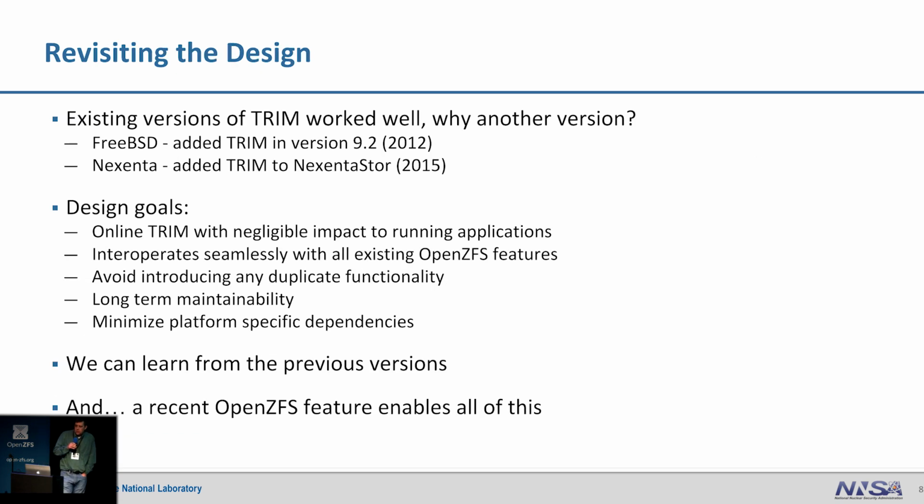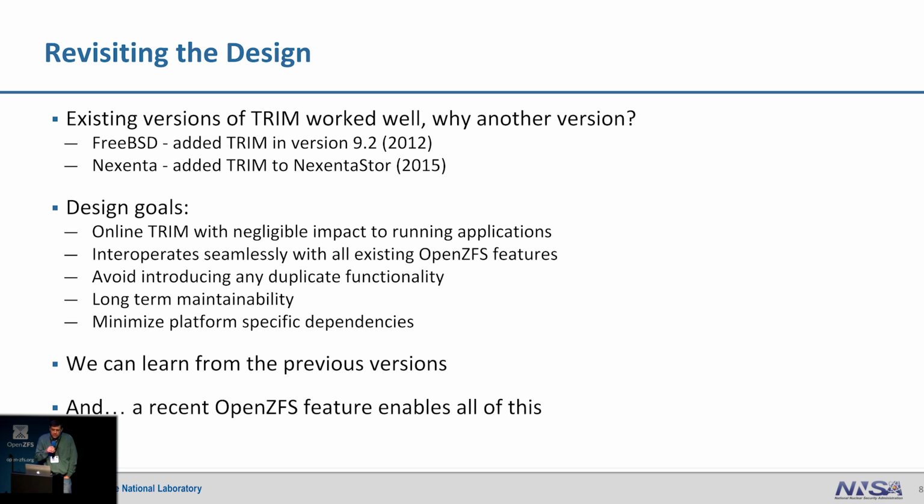So you may have noticed I missed one file system before. ZFS. ZFS has actually had trim support for a long time now, going all the way back to FreeBSD 9.2. There's been a version of trim in ZFS. Nexenta added a version 2 to their product. So trim support, we've noticed, has been a good thing for a long time, and there have been versions of it out there, but none of those made it into the Linux port.